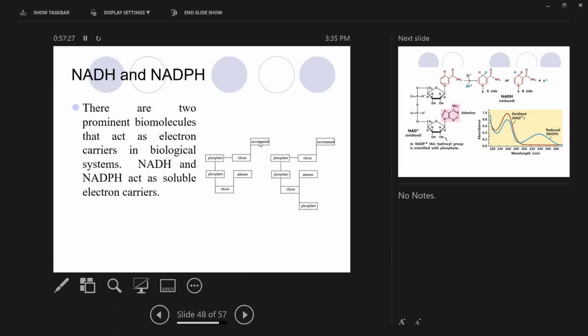The basic structure of these molecules is an adenine and a ribose, and then 2 phosphates. So this is ADP. And then you have another ribose and then a nicotinamide. That's NAD. For NADPH, you just stick a phosphate right here. That's the big difference.